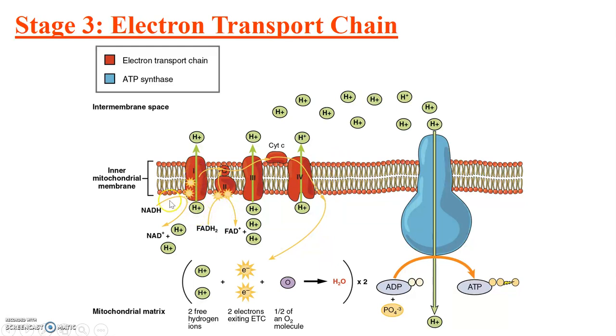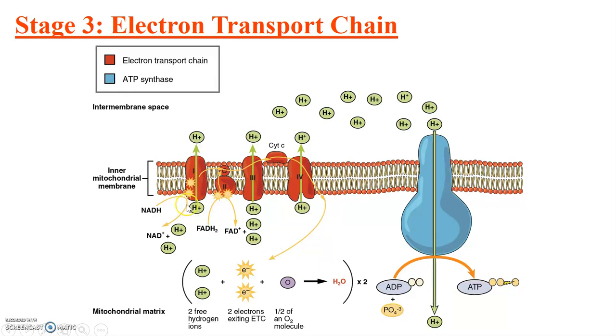To do that, the energy that's been brought over by NADH in the form of electrons is being supplied to these proteins. And so when those electrons get dropped off here, that provides the energy to pump these hydrogen ions into this space between the inner and outer membranes. And so we're filling this area with hydrogen ions.